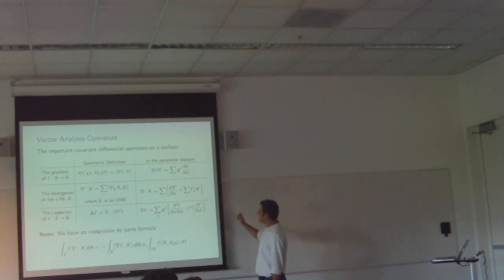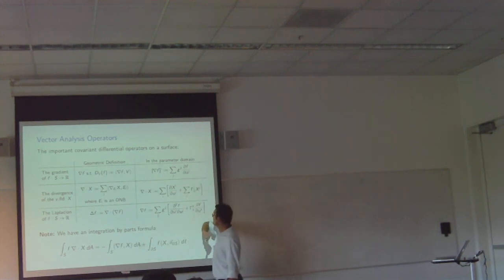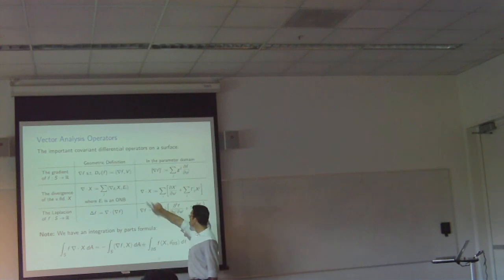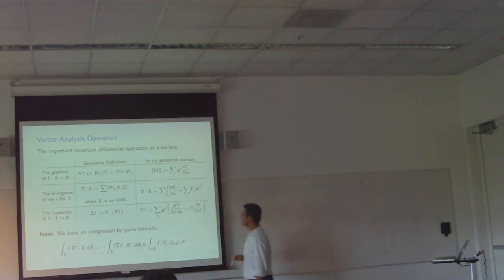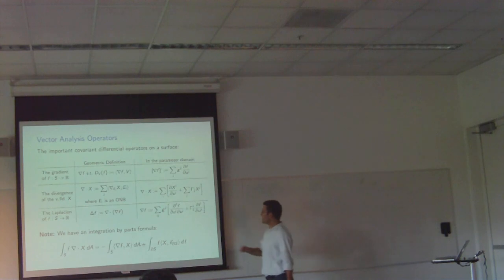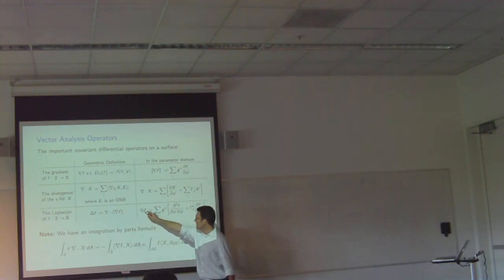But on a surface, in the parameter domain of a surface, it's different. The gradient looks like this and involves g. The divergence looks like this and involves g via the Christoffel symbols. And the Laplace operator, this should have been an ordinary triangle, it's upside down.